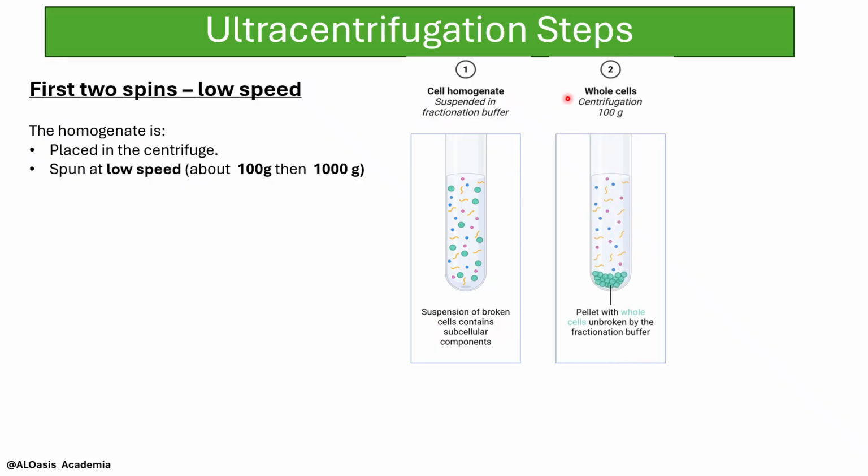Then we will do the first spin at 100 G, and this spin will result in pelleting the whole cells and all debris. Okay, so all the organelles will be suspended in the supernatant. However, the pellet will have the whole cells and debris. This spin in particular has a very similar function to the filtering funnel during the filtration of the homogenate.